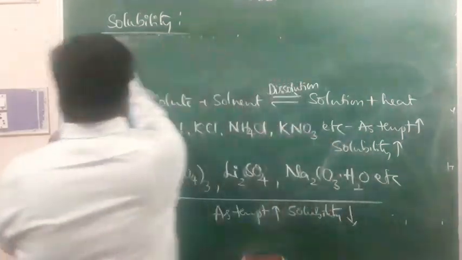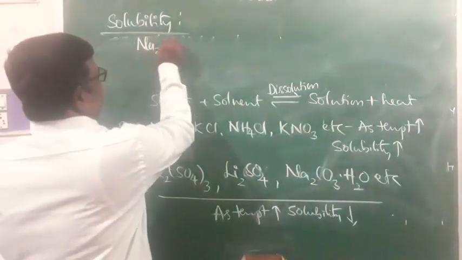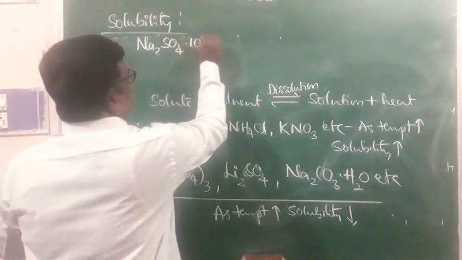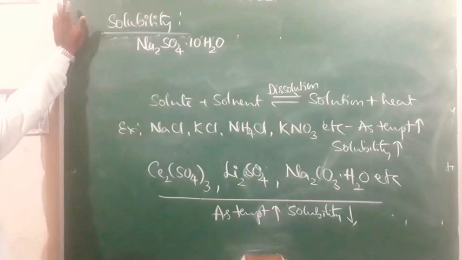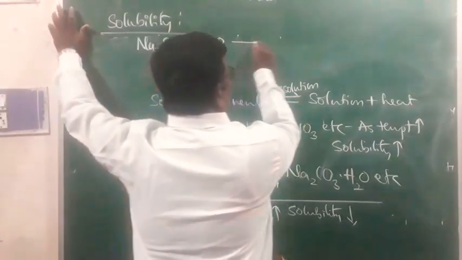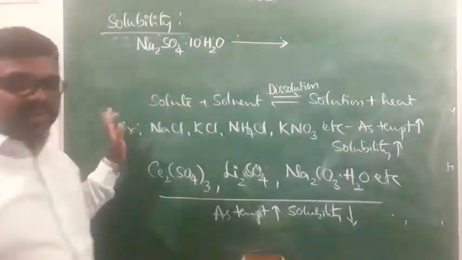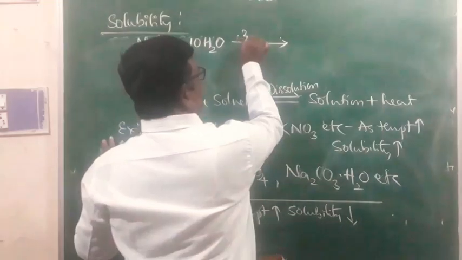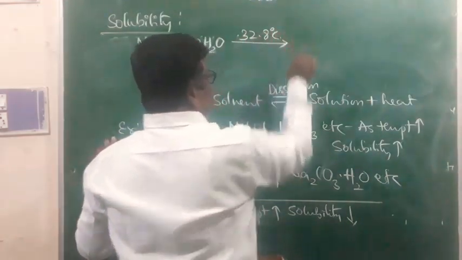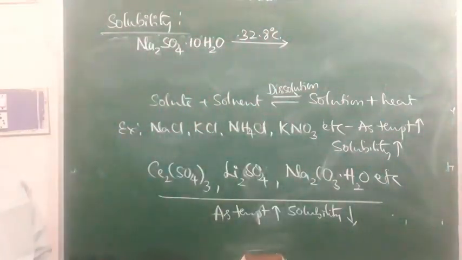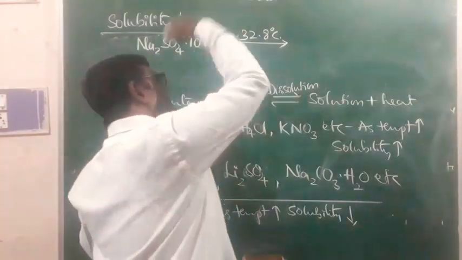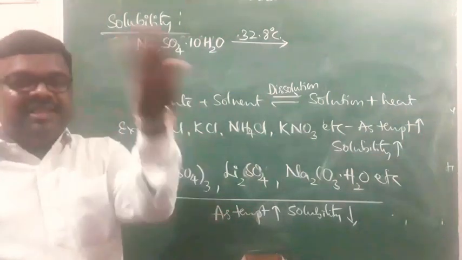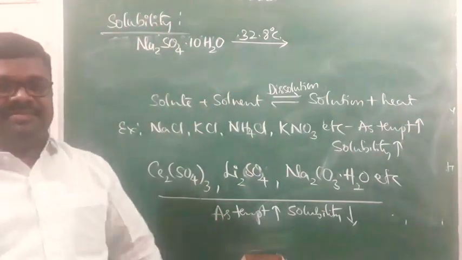I will give you one example. That is sodium sulfate decahydrate, a solid. In this case, solubility increases with increase in temperature up to 32.8 degrees Celsius. After 32.8 degrees Celsius, if you raise the temperature, solubility decreases.